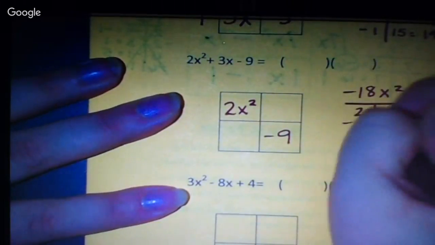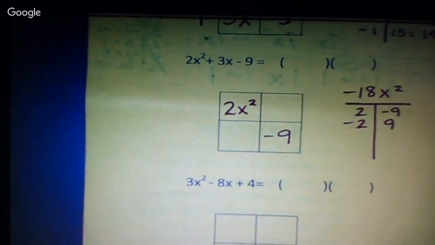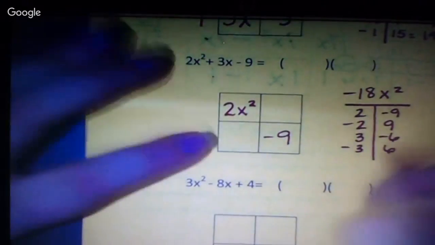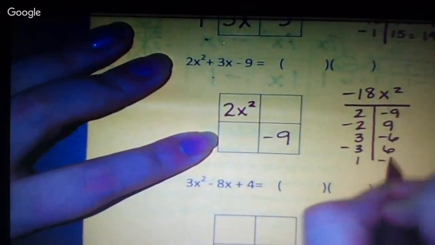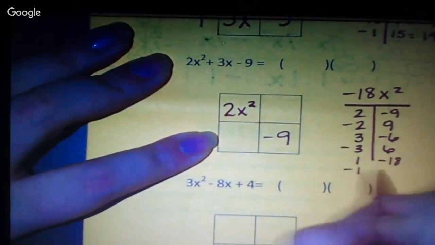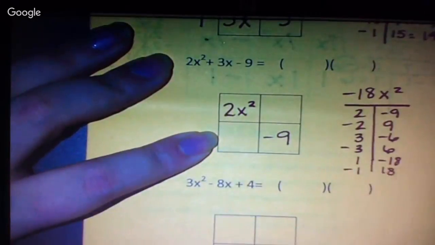So I'm going to reverse that and do 2 and positive 9. Jeremiah, give me another factor of negative 18. 3 and positive 6. And we should have one more factor. Teresa, what do we got? Good. Okay, so 1 and negative 18 and negative 1 and positive 18.